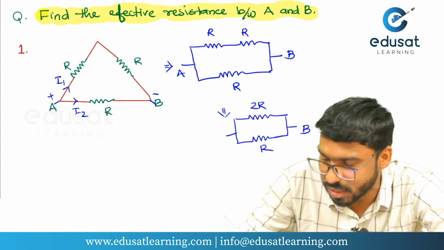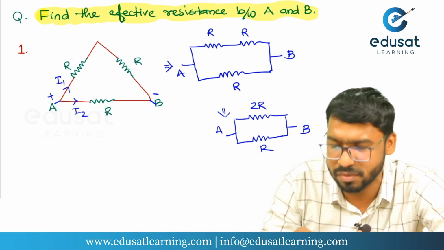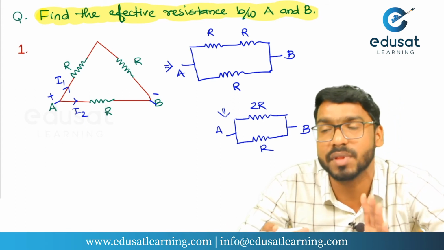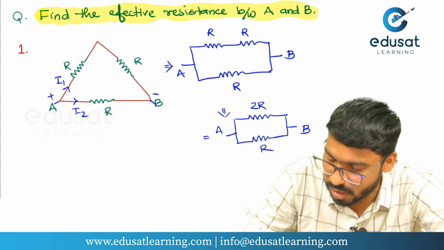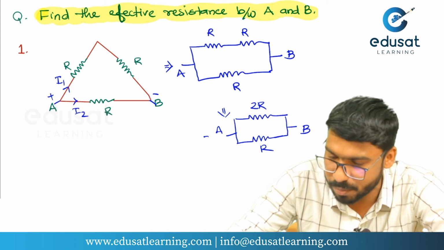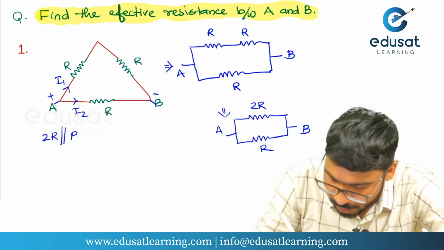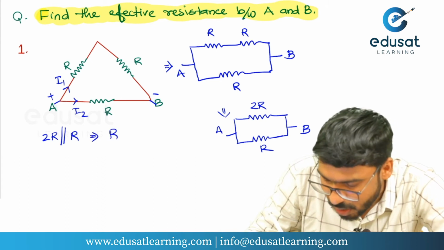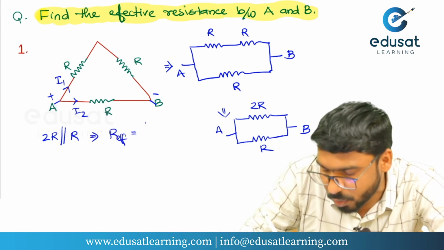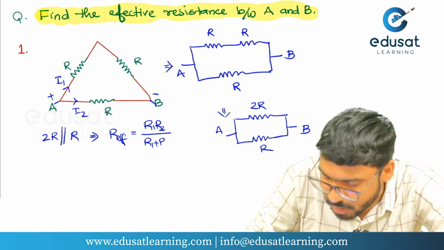Now look, 2R is in parallel with R. Our equation is R effective equal to R1 R2 divided by R1 plus R2.